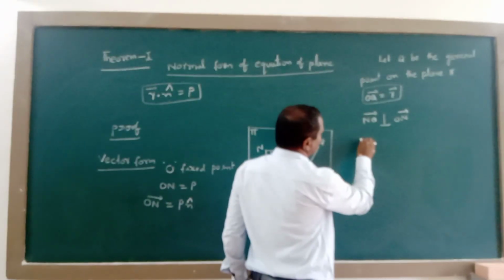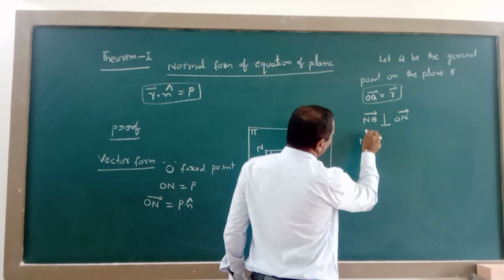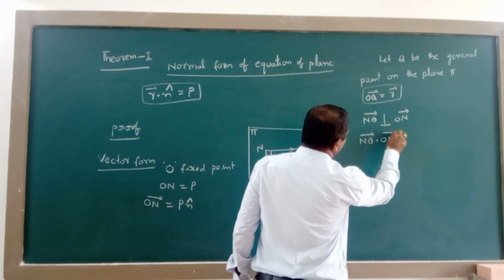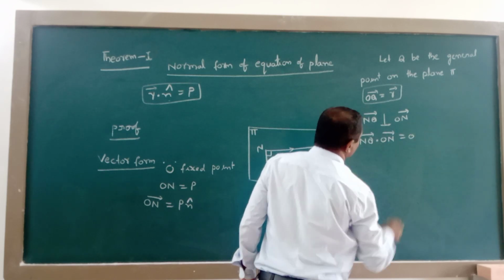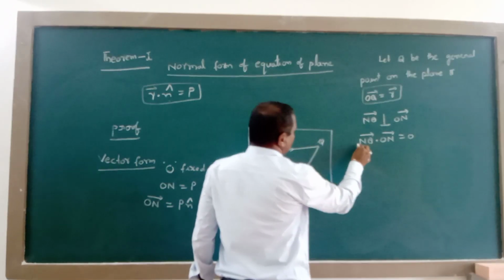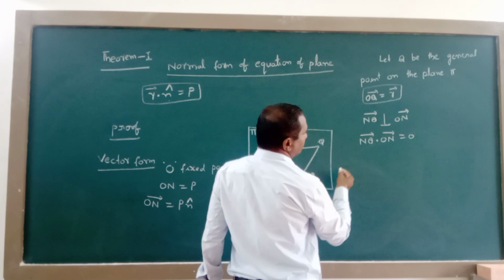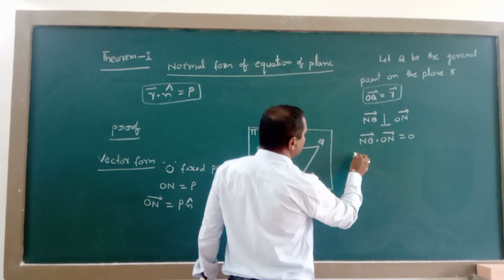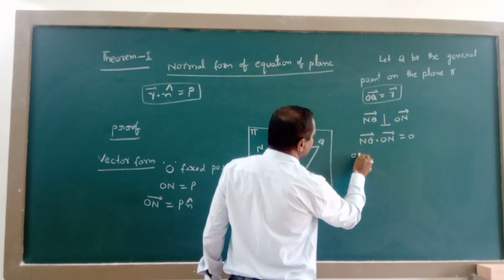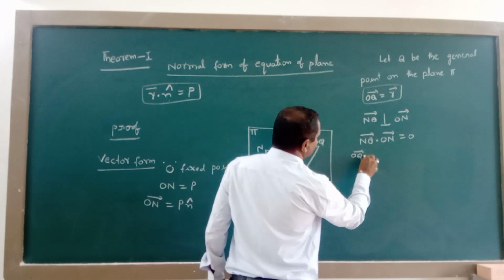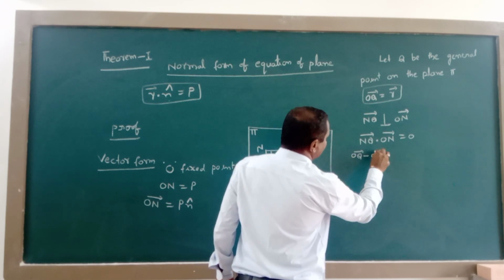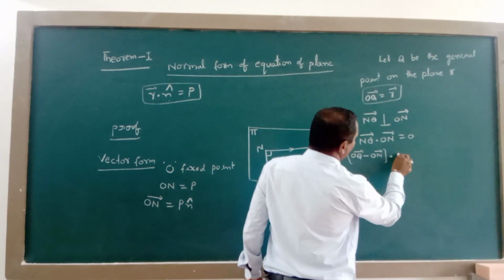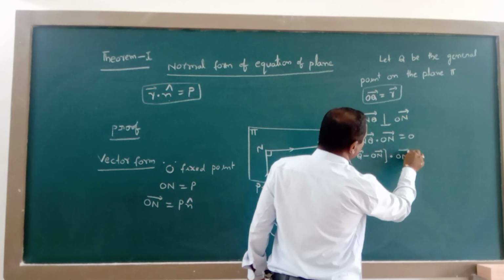That is, NQ vector dot ON vector is equal to 0. Convert NQ vector into position vectors like this: (OQ vector minus ON vector) dot ON vector is equal to 0.